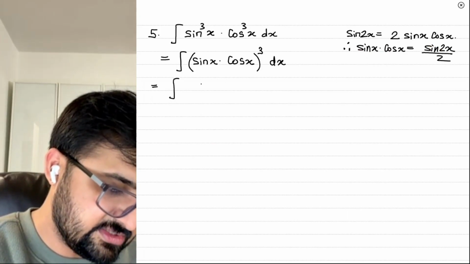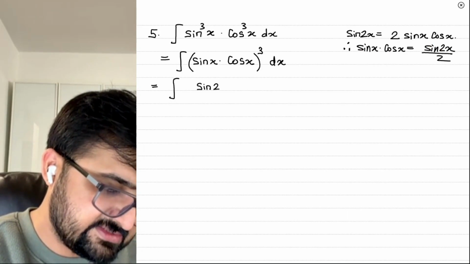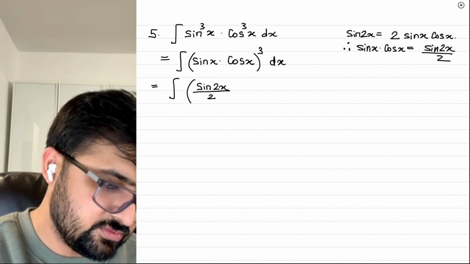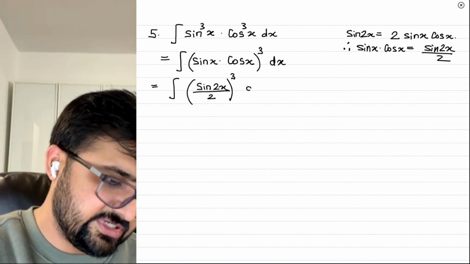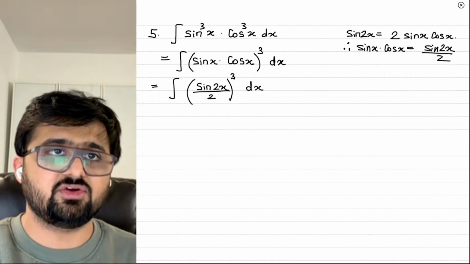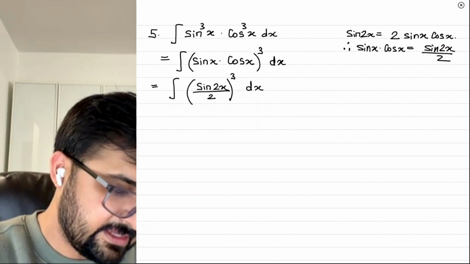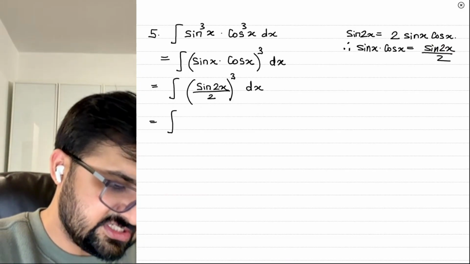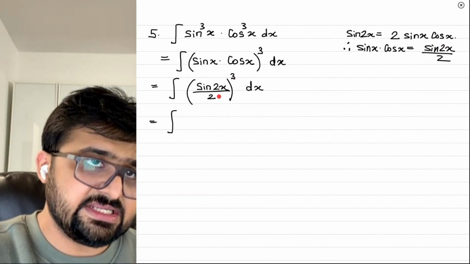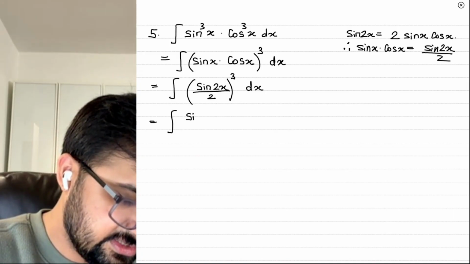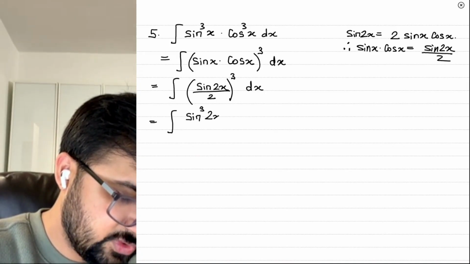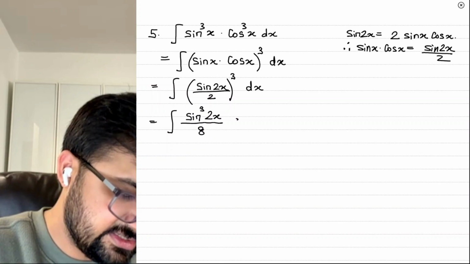So we get sine 2x divided by 2 the whole cube dx. I hope that makes sense so far. I have just applied this formula here. Then just apply cube in the numerator and in the denominator. So you get sine cube 2x divided by 8 dx.